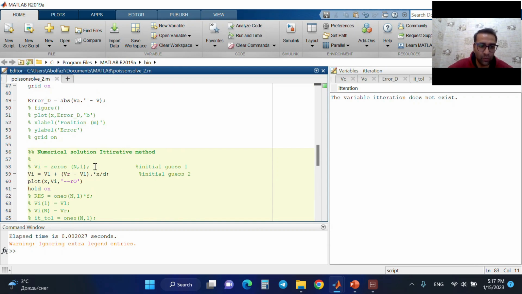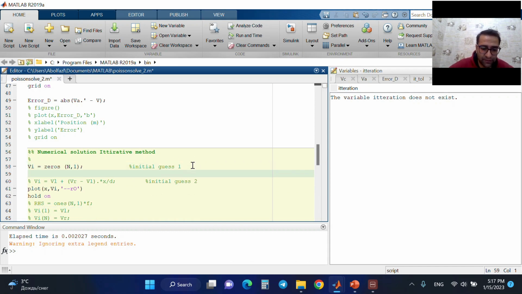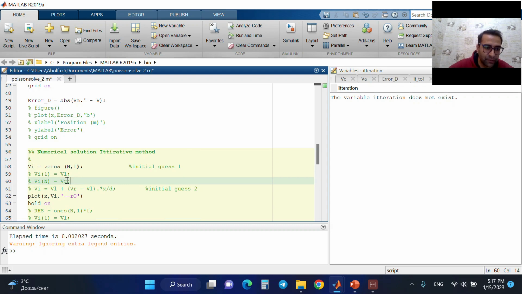First, we saw everything with such an initial solution that is 0. Let me put the boundary condition also here. We have two initial solutions.